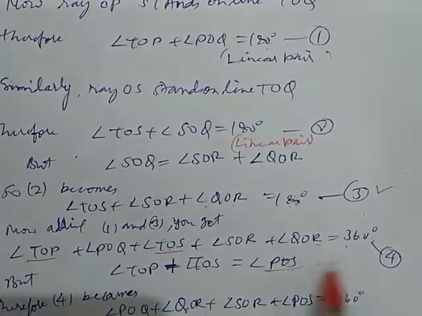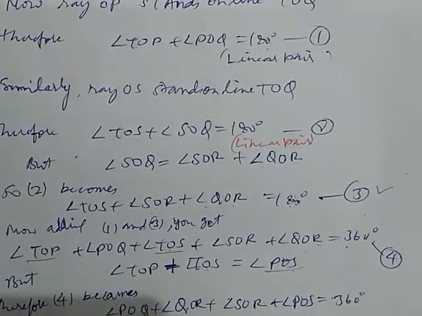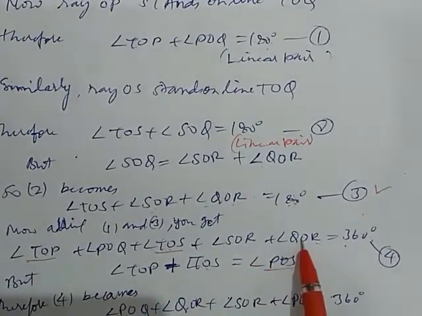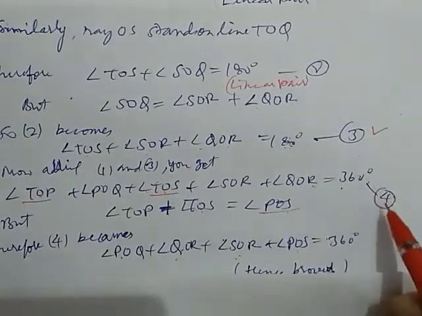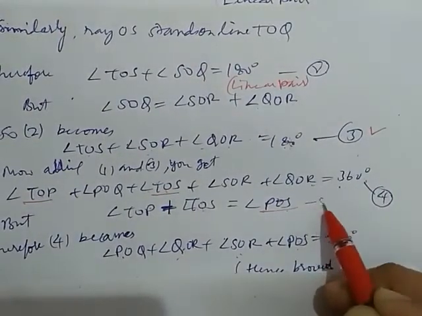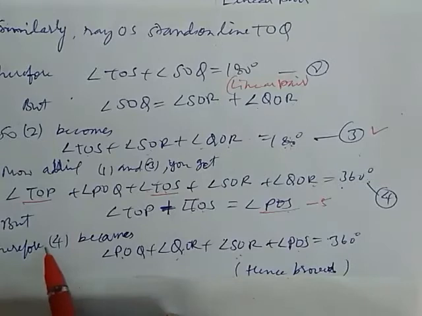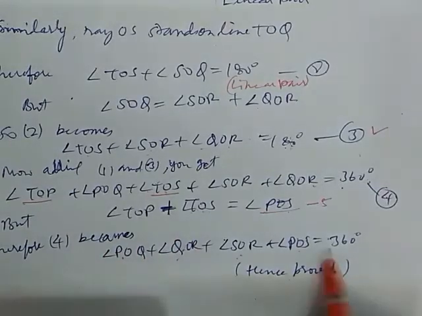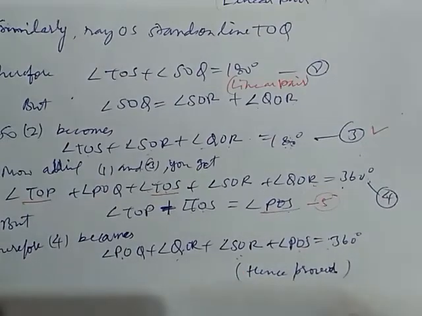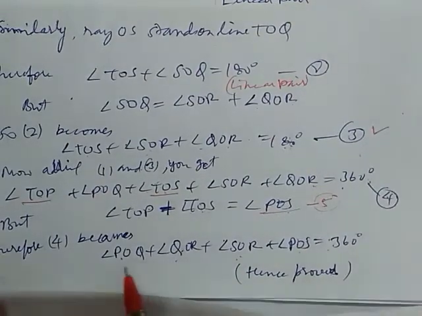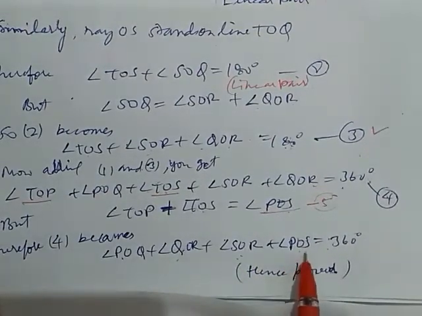So angle POQ, angle QOR, angle SOR plus angle POS make 360. With the help of these two equations we get this. Hence proved. So our question is complete.